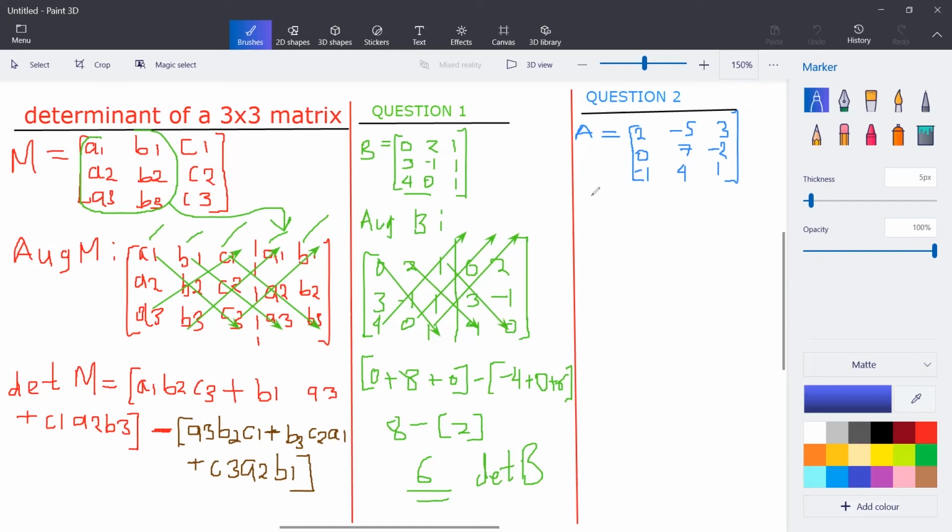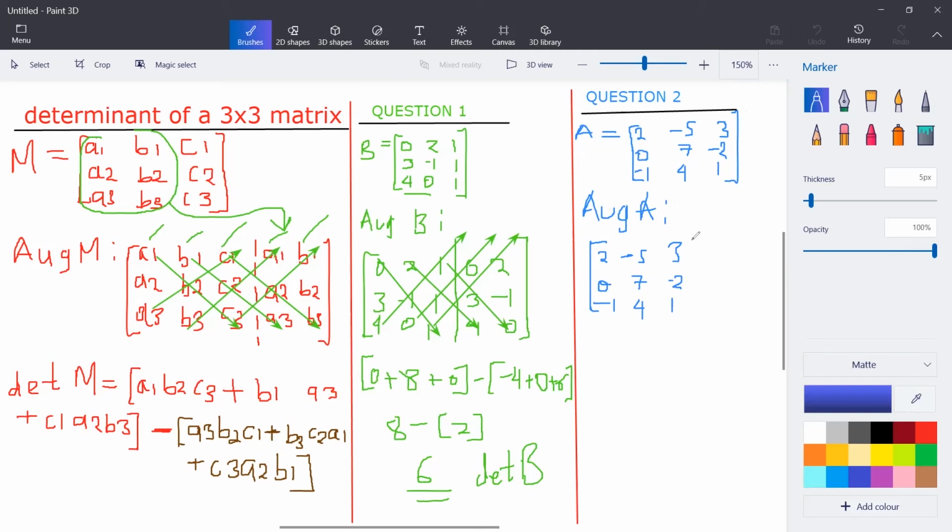First step is to get the augmented matrix. So my augmented matrix A, how will it look? First thing, I write my original matrix. It's 2, -5, 3, but I won't close the brackets just yet. And then I have 0, 7, -2. And then I have -1, 4, 1, okay?